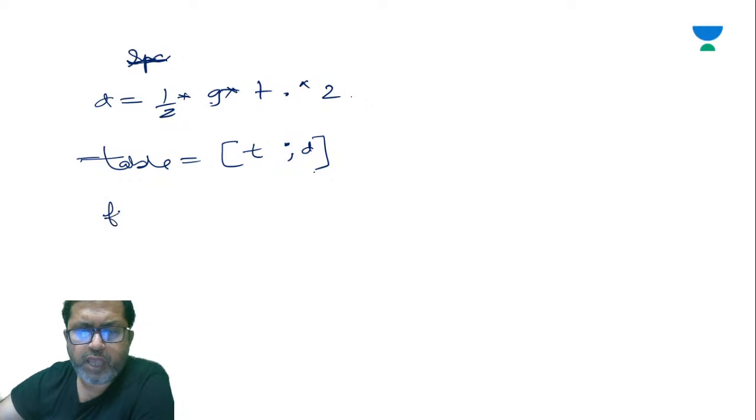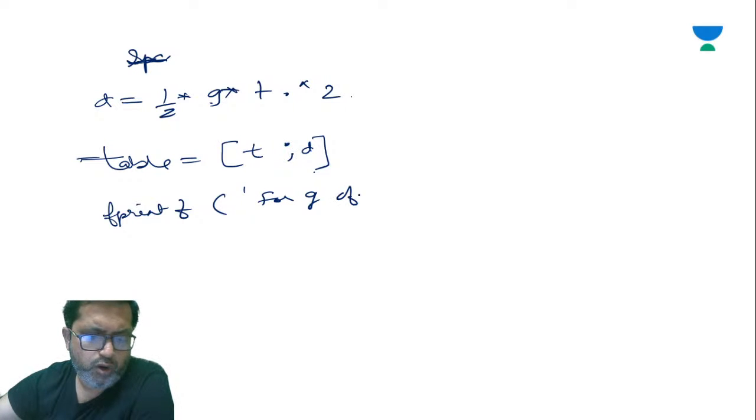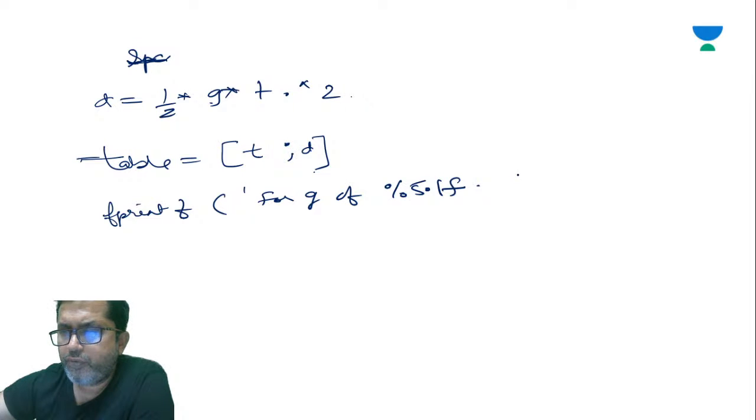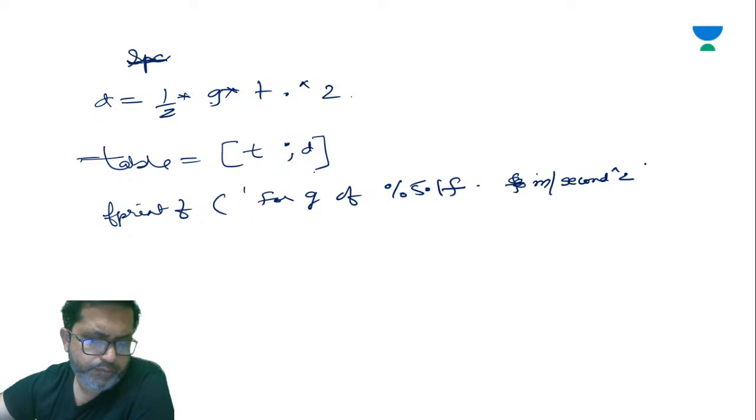Then we use fprintf for g, whatever value you put in, suppose %5.1f meter per second square.